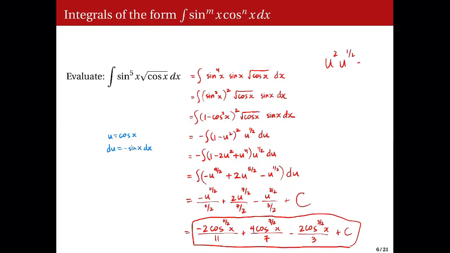And then u squared, that's u raised to 4/2, times u raised to 1/2. So you just add 4/2 plus 1/2. That's u raised to 5/2. Okay. Other questions?